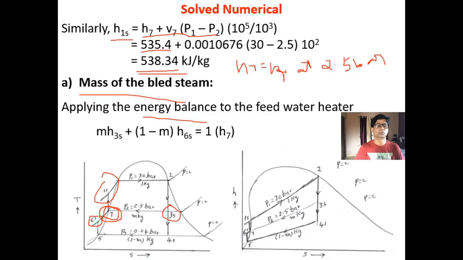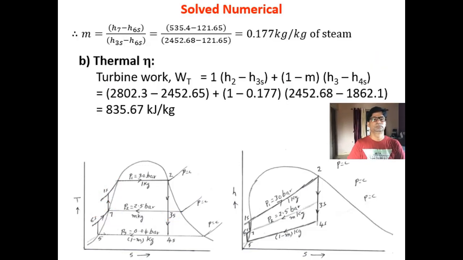So 1 kg at 7, so 1 into H7. But at 3S, only m kg of the steam is bled, so m into H3S, and the remaining 1 minus m kg enters at 6S, so 1 minus m into H6S. Very simple. So m into H3S plus 1 minus m into H6S is equal to H7. You can write the formula for m by simplifying that.